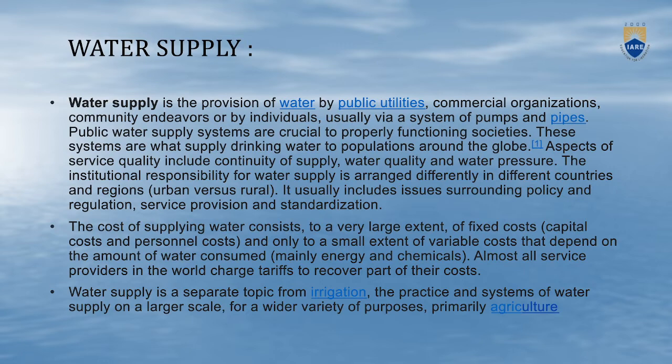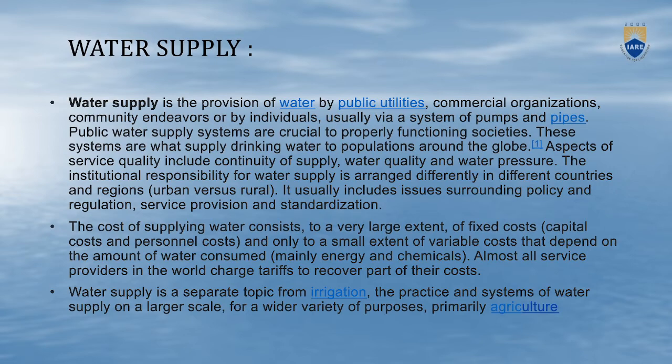The cost of supplying water consists to a very large extent of fixed costs, capital costs, and personnel costs, and only to a small extent of variable costs that depend on the amount of water consumed, mainly energy and chemicals.